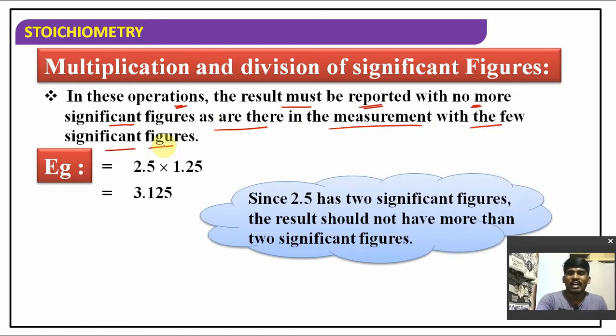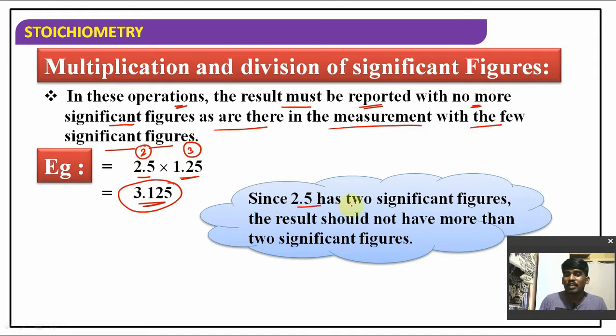What does it mean? I took 2.5 into 1.25. If you multiply, what will you get? It is 3.125, yes or no? So in these operations, how do you report this result? It must be reported with no more significant figures than are there in the measurement with the fewest significant figures. 2.5 means 2 significant figures, 1.25 means 3 significant figures.